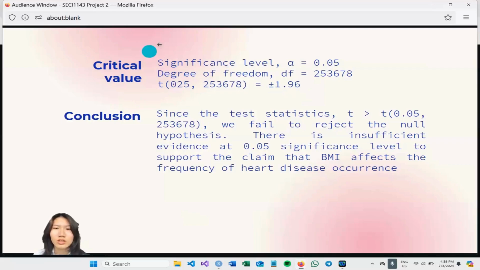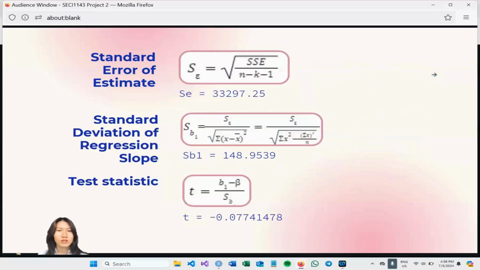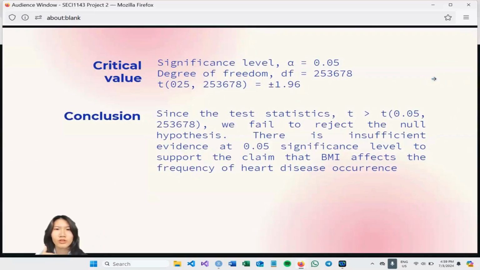So the conclusion is that the test statistic is negative 0.077, which is greater than the lower tail of the critical value.